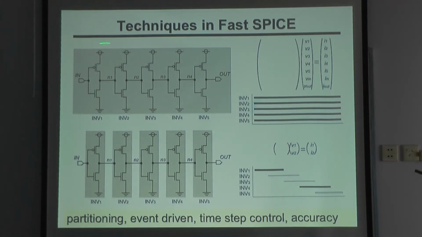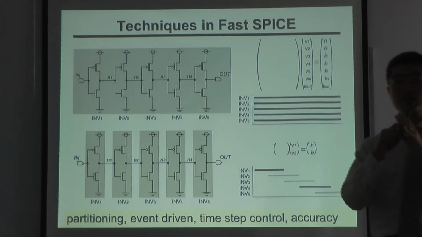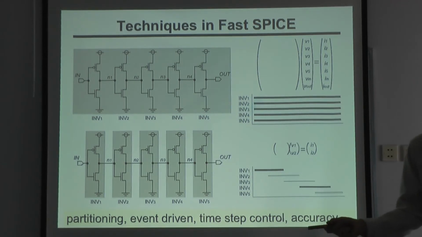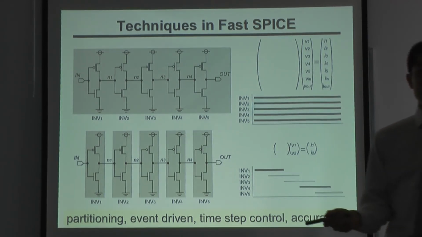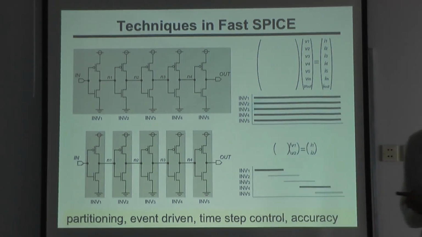And usually the normal spice simulates all the blocks at the same time. So we have a large matrix and it takes time to calculate the inverse matrix and we need huge memory. But once we have partitions, we have a small number of elements for each partition and it's easy to simulate and uses less memory.